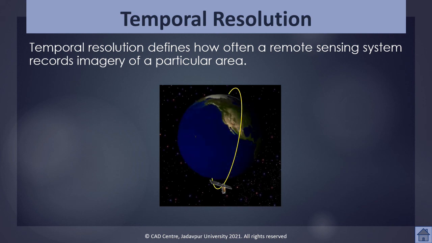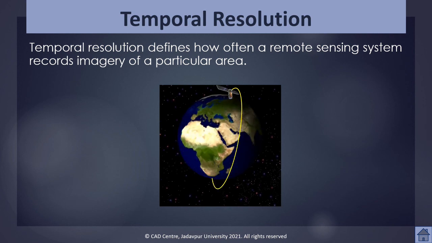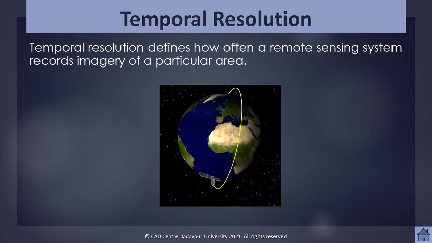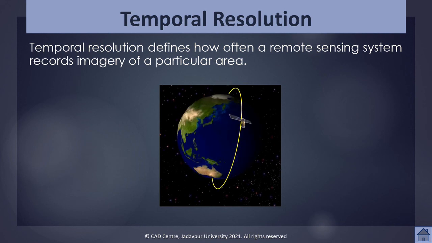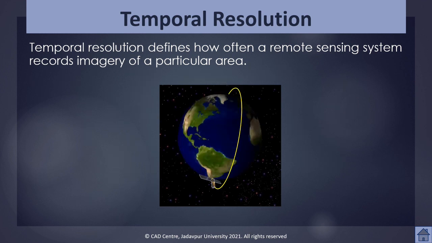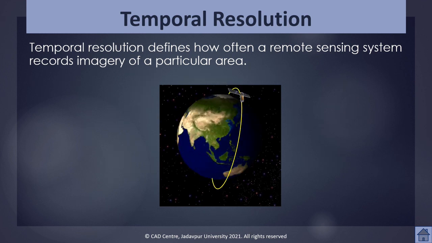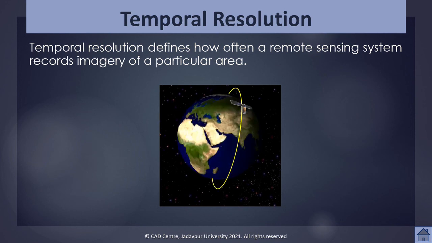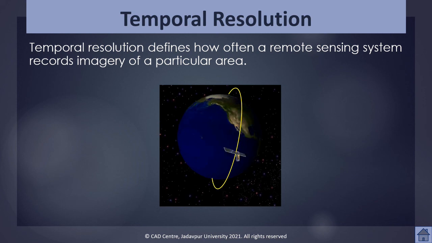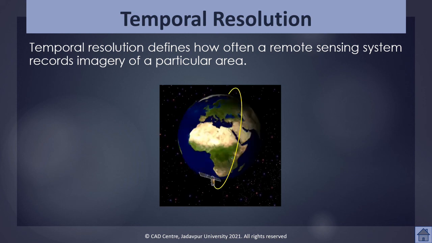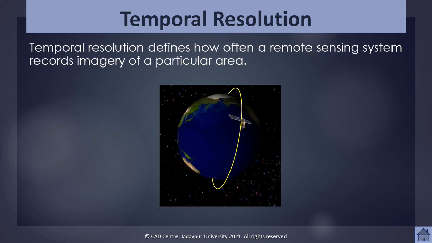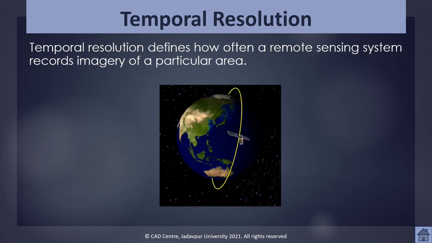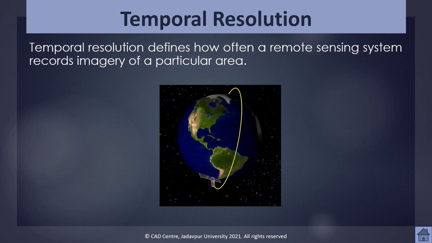Now, the temporal resolution is crucial for many purposes, and the requirement of temporal resolution is also different for different types of applications. For example, for crop monitoring or crop health monitoring, we need more frequent coverage or more frequent imaging in comparison to the monitoring of urban growth.